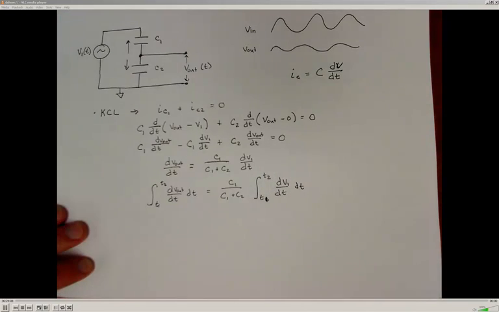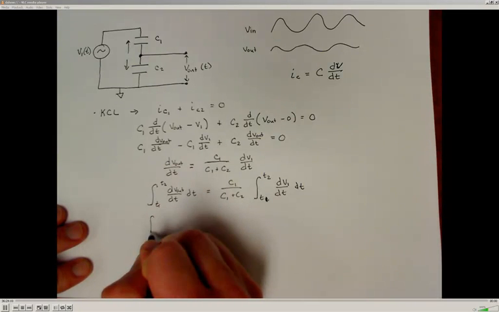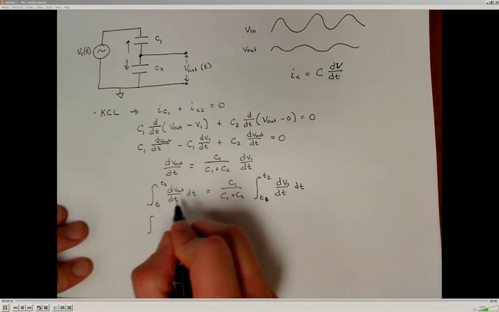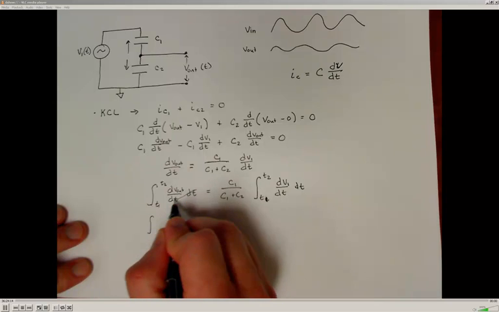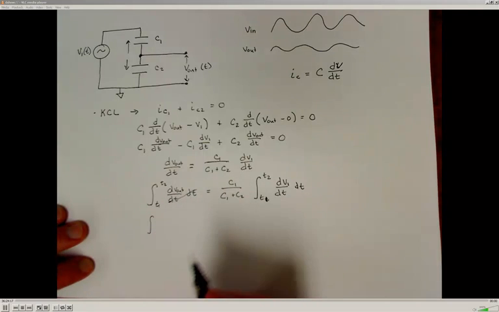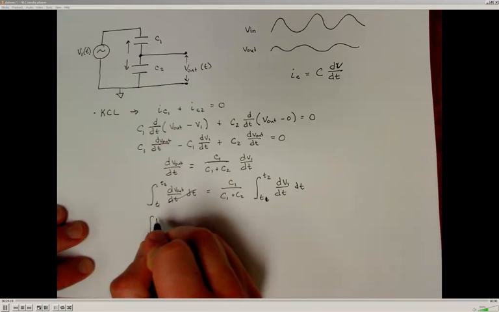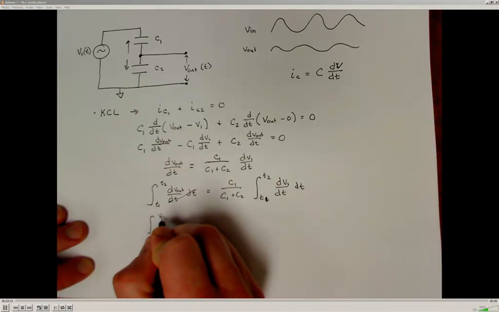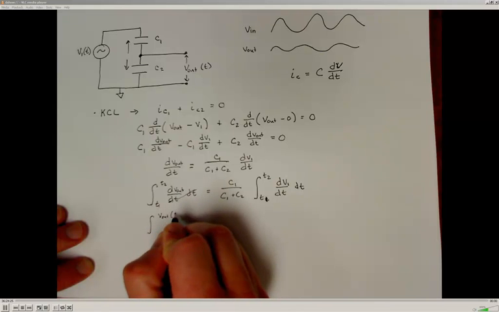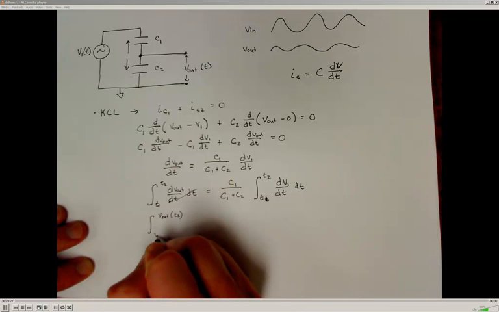To be mathematically correct, these derivative terms don't really cancel each other out. It just changes what I'm integrating over. So really I'm going to be integrating from the output voltage at time 1 to time 2.